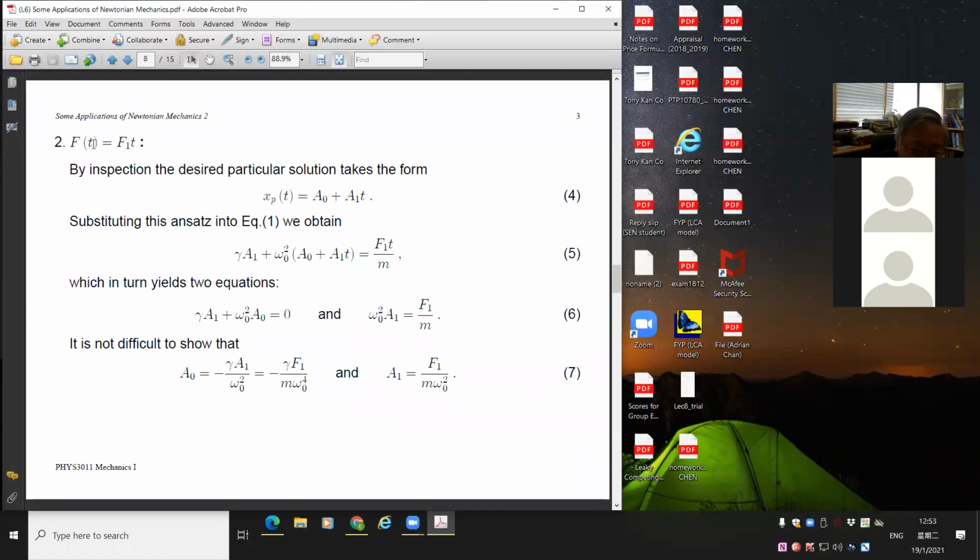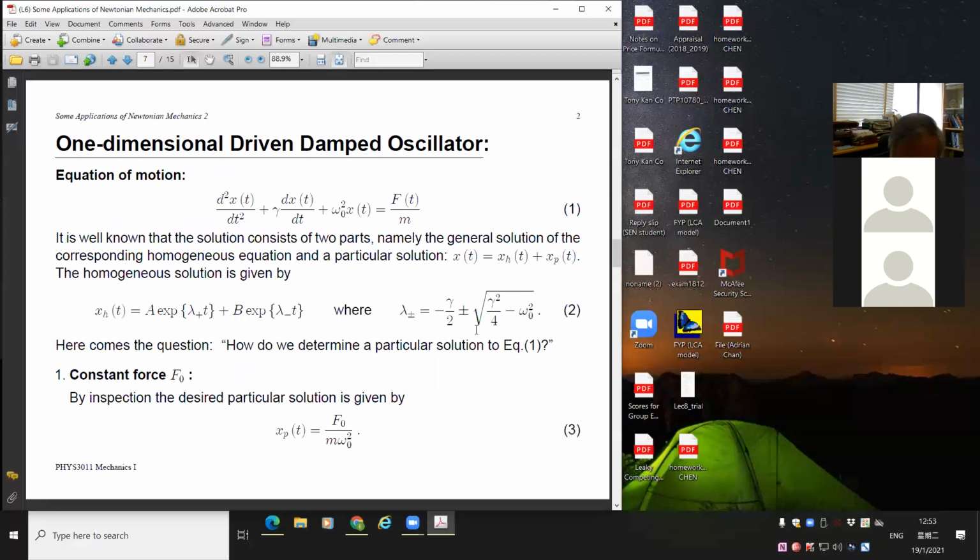If F(t) is linear in t, by inspection, the desired particular solution takes this form, a linear function of t. This is my advice, but how can I know this? If it is linear in t, depending on t only with no constant term, then after differentiating this particular solution, we get a constant, right?